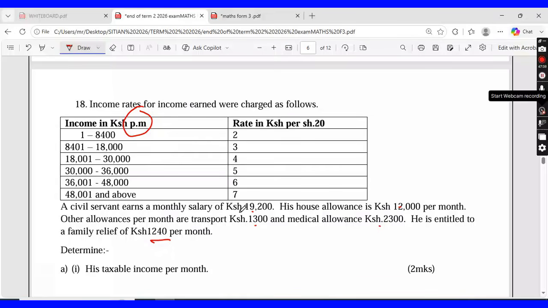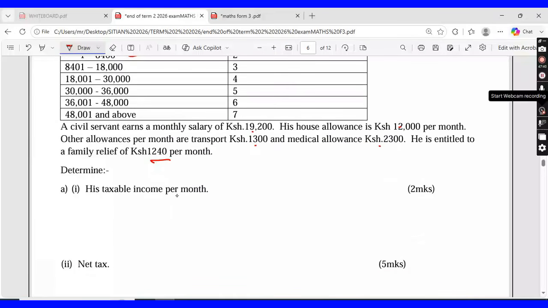Determine his taxable income. Taxable income is equal to basic salary plus all taxable allowances. So if the allowance is not taxable, do not include it here. Because taxable, it must be taxed. So if the allowance is said not to be taxed, do not include it here.